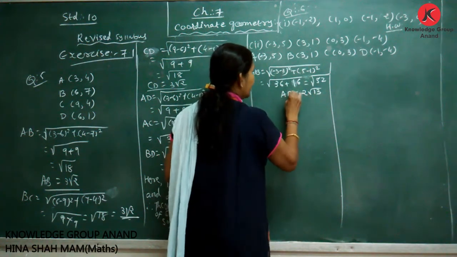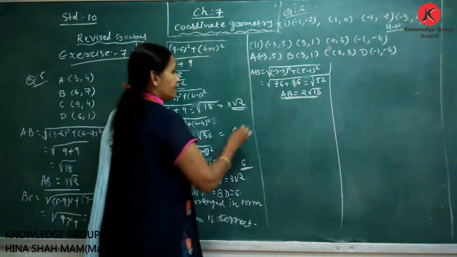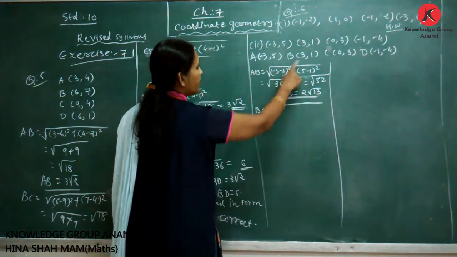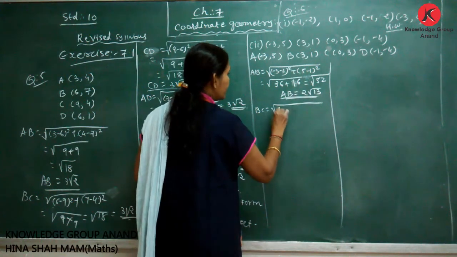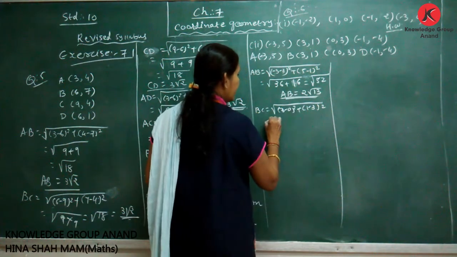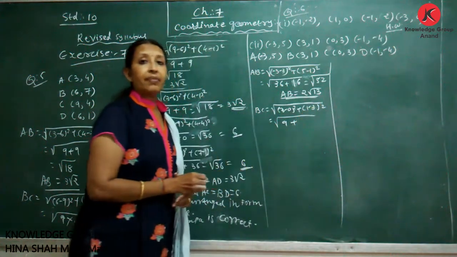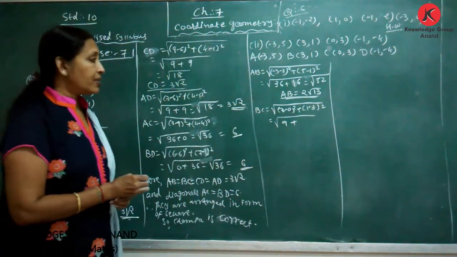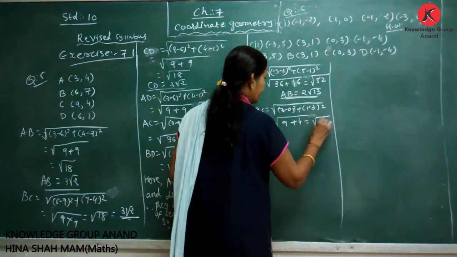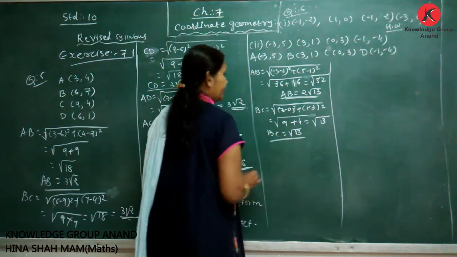Here AB is equal to 2 root 13. Now we find BC: (3 minus 0) square plus (1 minus 3) whole square, equals 3 square, 9, plus minus 2 square, 4, equals root 13. Then we see that BC is equal to root 13.